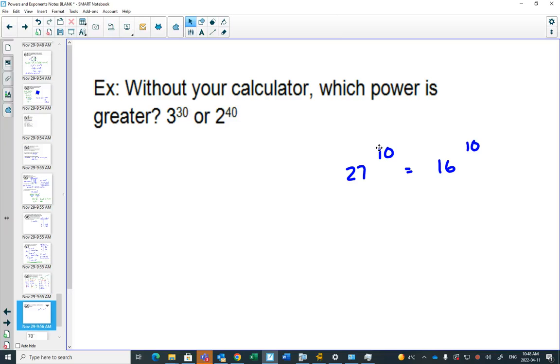This question is the same as this question. How did I do that? Why are these questions the same? This 16 to the 10 is the same as 2 to the 40. How did I do that? And 27 to the 10.